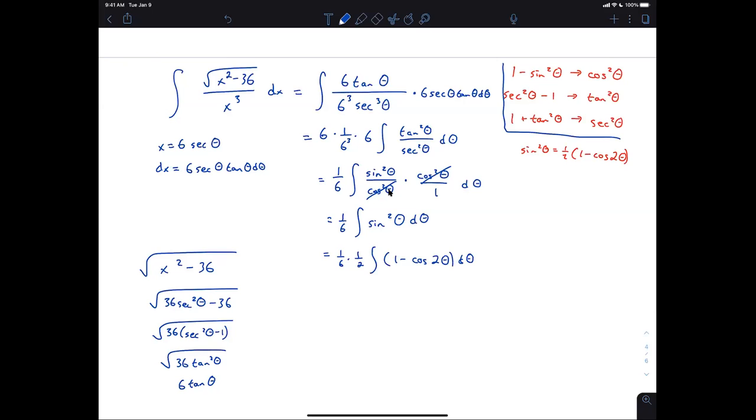Okay. So now we split that into two integrals. We've got 1/12 on that now, and the 1/12 goes to both integrals. Yeah, Andy, I'll do that next.